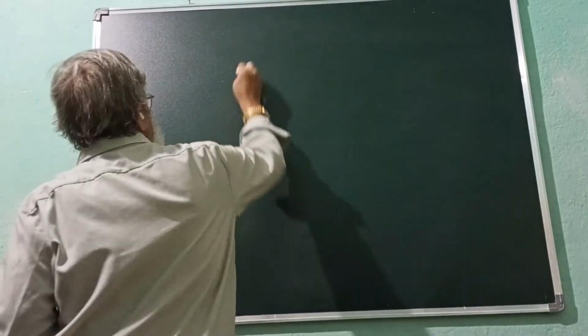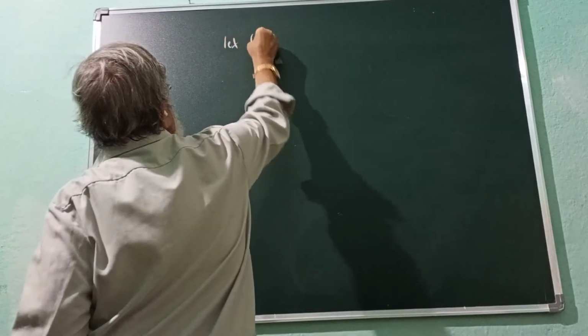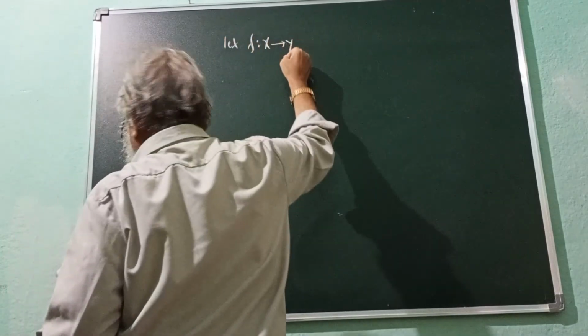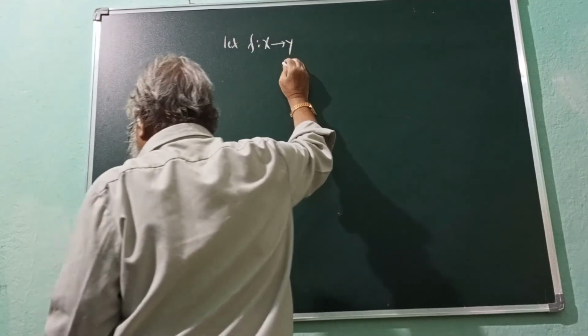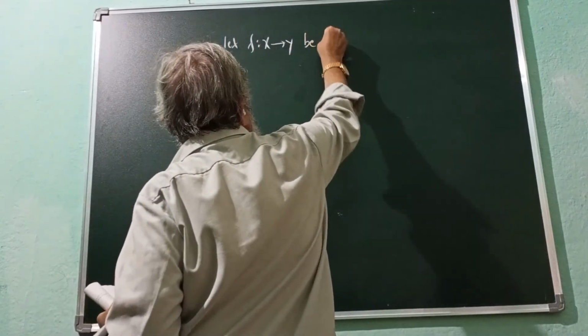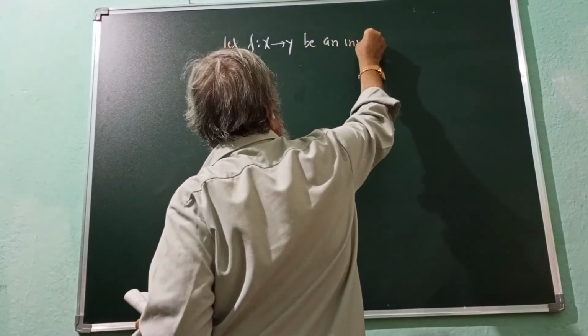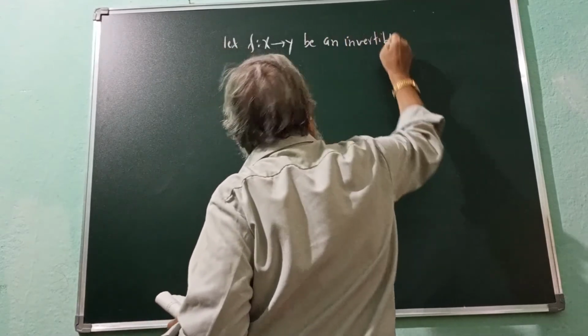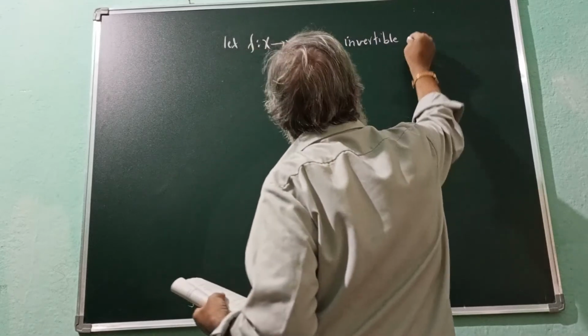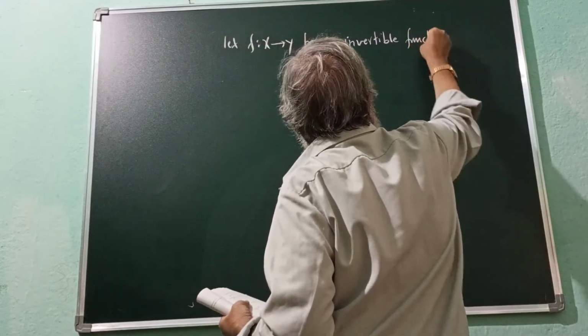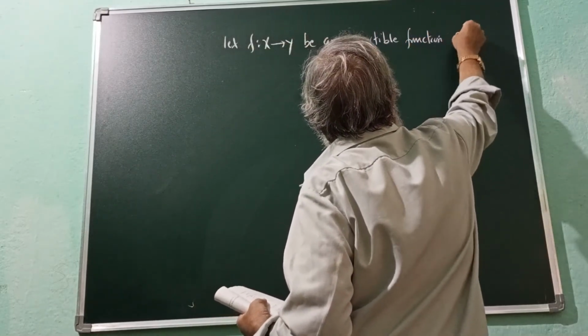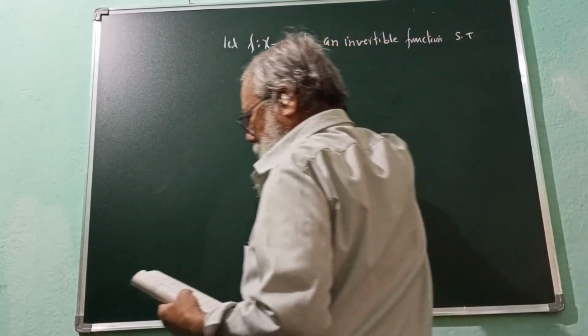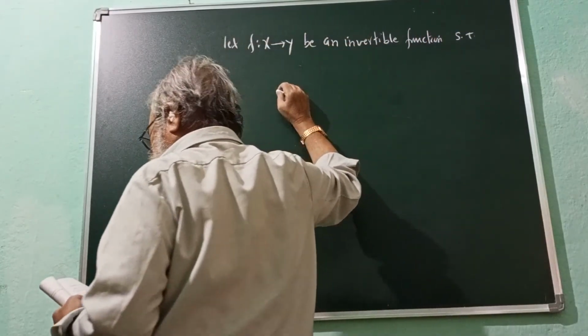Let f from X to Y be an invertible function. Show that f has a unique inverse.